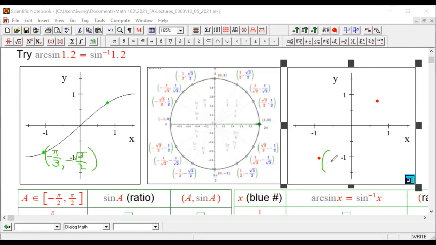Input is negative root 3 over 2, output is angle. Angle must be between negative pi over 2 and pi over 2. And of course this one was pi over 4, 1 over root 2. And this other one is 1 over root 2, pi over 4.